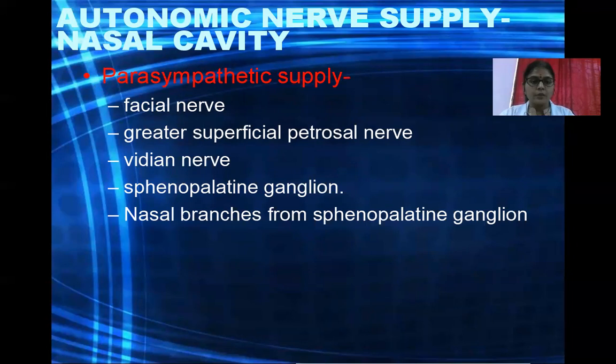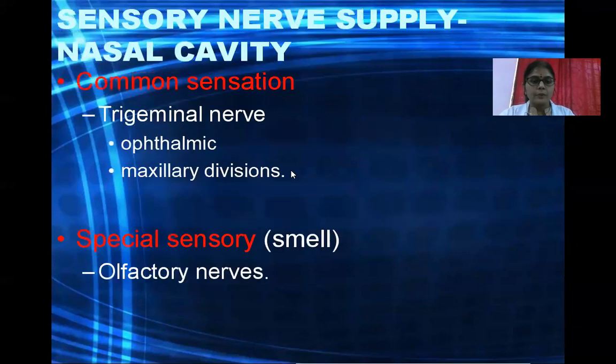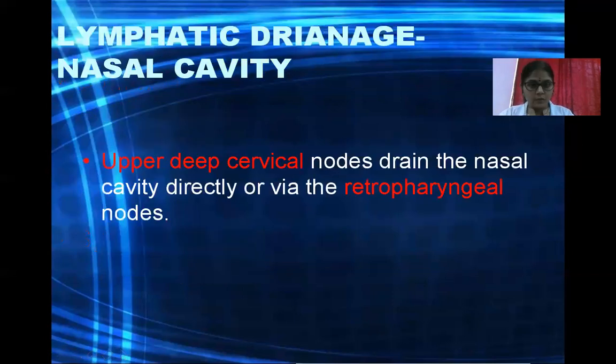So the common sensation is from the trigeminal nerve, that is through the ophthalmic and maxillary divisions, whereas special sensory, that is smell, is from the olfactory nerves. The lymphatic drainage is to the upper deep cervical nodes or to the retropharyngeal nodes.